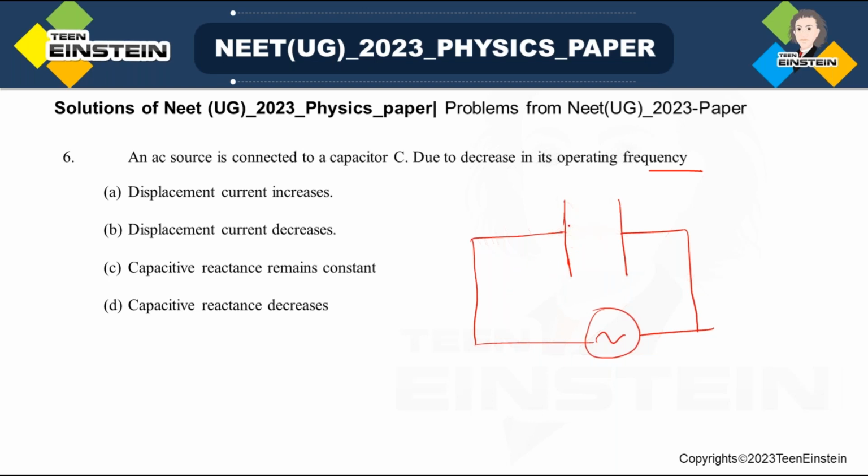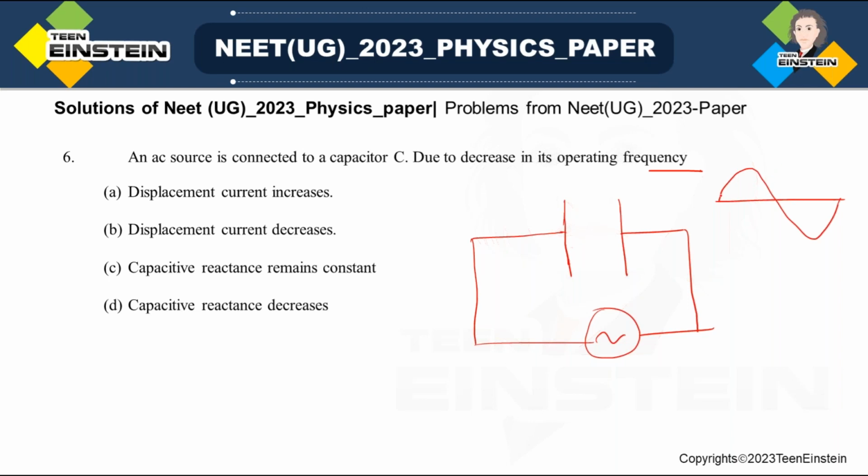Generally, an AC signal we take as a sine curve or cosine curve. This is a sine curve, a symmetric curve generally.